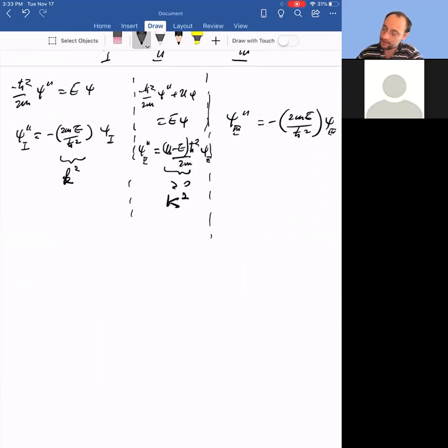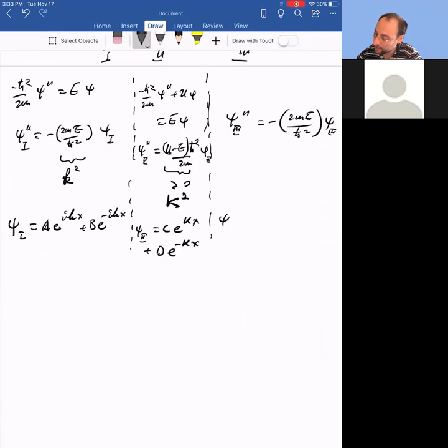And then continuing, you know that here the solution is going to be, again, some kind of incoming wave plus some kind of outgoing wave. Here it's going to be a linear combination of growing and decaying exponential. And here it's going to be, again, a linear combination, in general a combination of left and right moving waves.